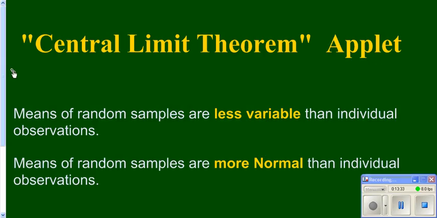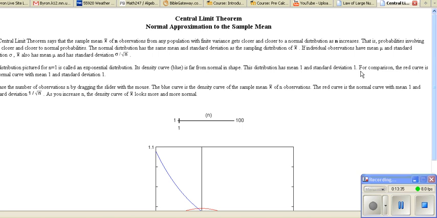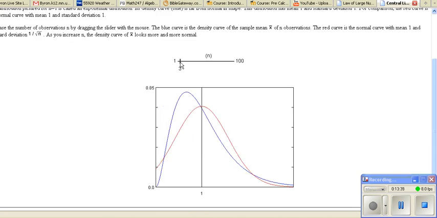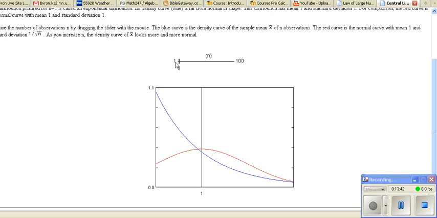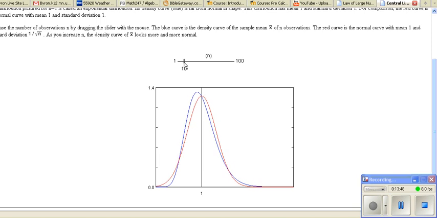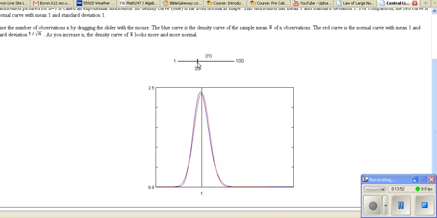So let's take a look at your central limit theorem. Here, as I increase the sample size, your original population is strongly skewed to the right. As we increase our sample size, you can see that it becomes closer and closer to normal. Even with a sample size of 50, it's hard to distinguish the difference between our normal distribution and the not normal.